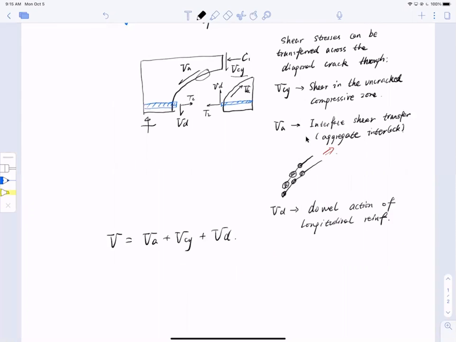So the key here is that we can call all this VC. That means this is the shear resistance from concrete.